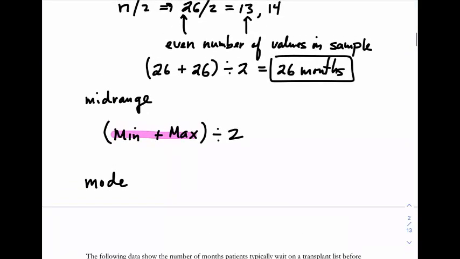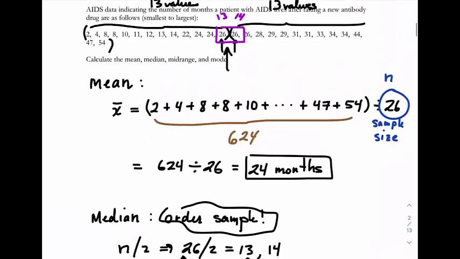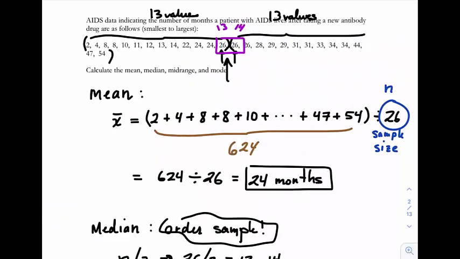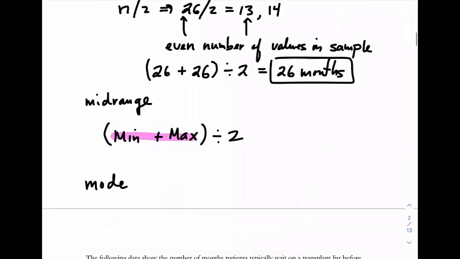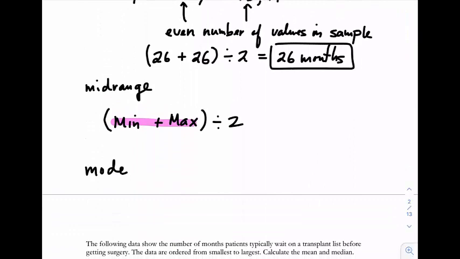So let's go up here at the top and figure out what those two numbers are. It looks like the min here is indeed the number 2, and the maximum is the number 54, provided that these were already put in order. So let me indicate that here: the min is 2, the max is 54. When you add those two together, you get 56, and then you want to divide that by 2.